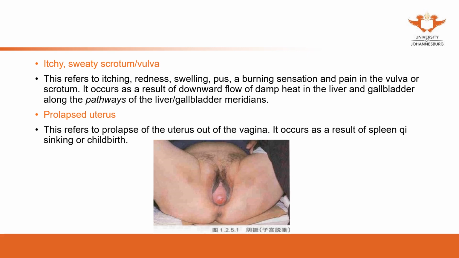Then we will boost the spleen qi, because the spleen qi governs the rise of the clear qi. You should still remember the theories. If you're confused about what I was talking about, you can go back to the basic theory.